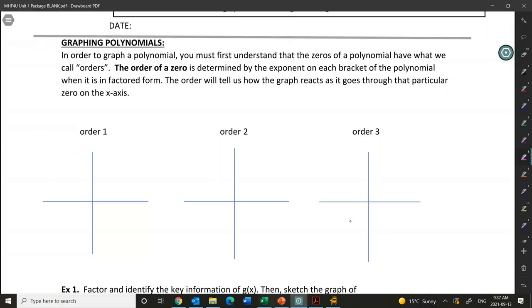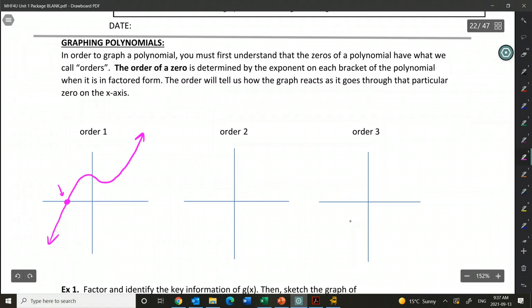So order 1, this is probably one that we're used to seeing. Don't worry about this too much right now. We're just going to get this base information down, and then we'll look at some actual examples and pick out the orders and things like that. So order 1, if I have a polynomial that has an order 1, 0, the graph will essentially just go straight through the x-axis.